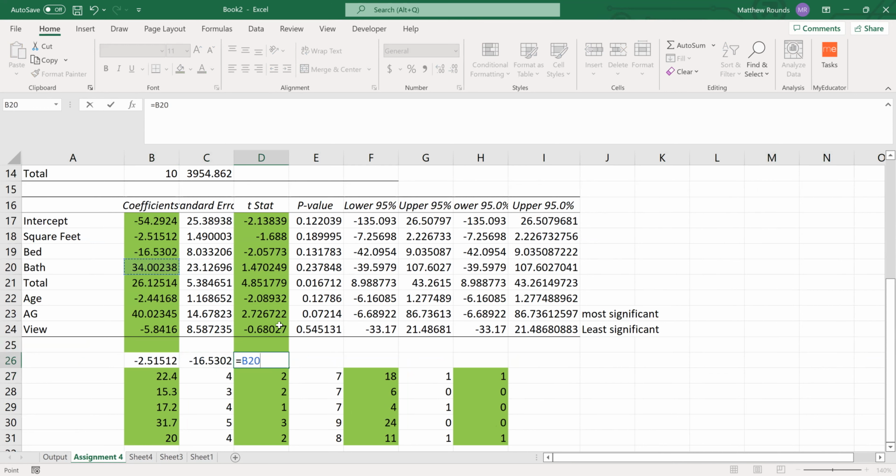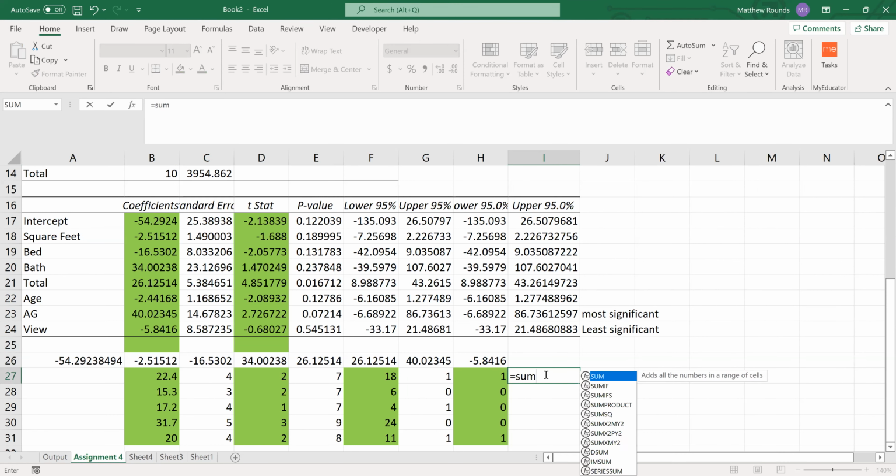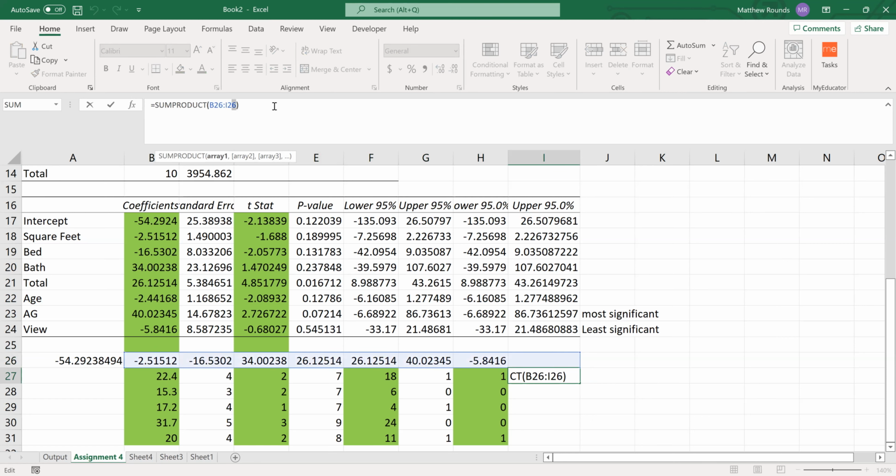So I'm just putting the coefficients up top because this will make it easier to do. In most statistical packages, you just give them the inputs and they give you the outputs. You don't have to do this manipulation that we're doing here, but nevertheless, that is what we're doing. So we're doing the sum product of this. Why is everything so difficult?